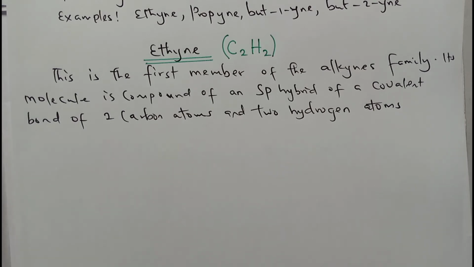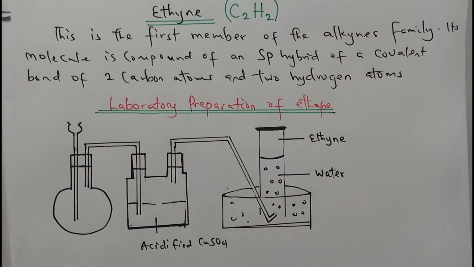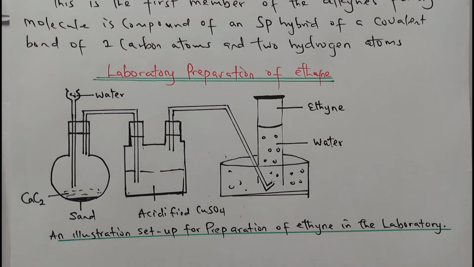Let's look at the laboratory preparation of ethyne. Now, when you add water to calcium carbide, it's going to be explosive, and it is possible that the heat might break the glass. Therefore, we normally use sand here, and we collect the gas through water, and the gas that comes out is ethyne.